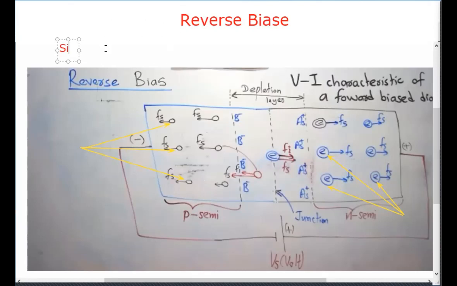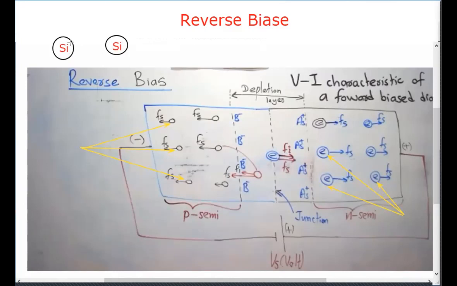If we consider two silicon atoms, look at the board carefully, there is a covalent bond between them. Let us consider this silicon atom and another silicon atom, which could be anywhere in the diode.